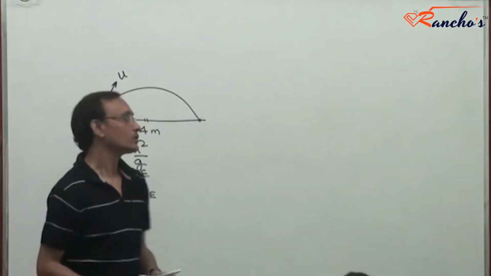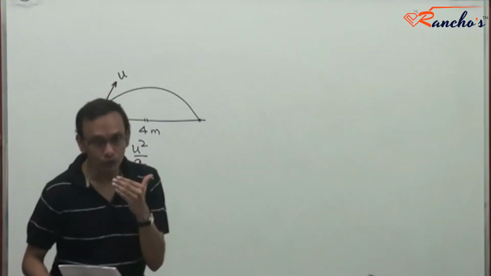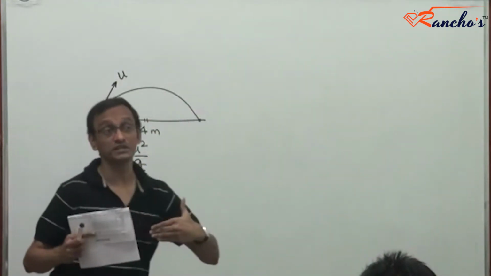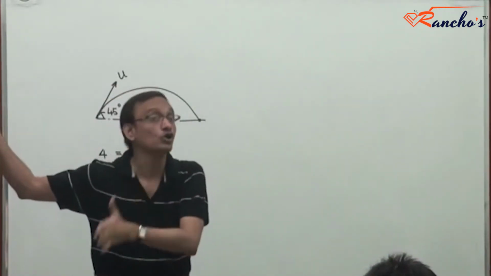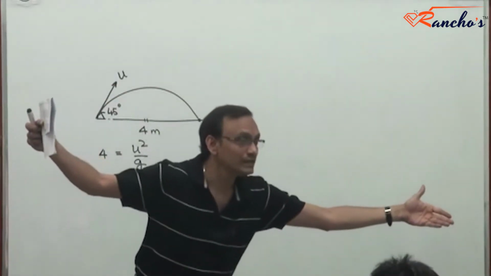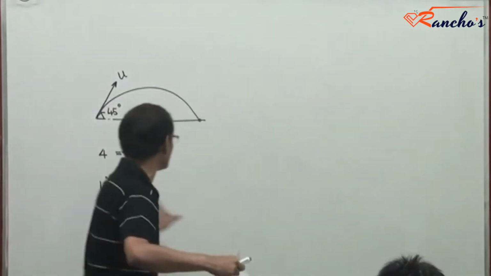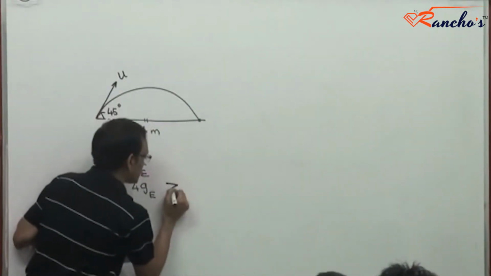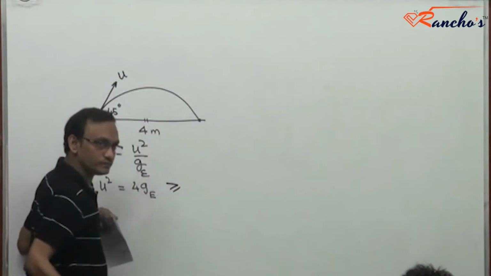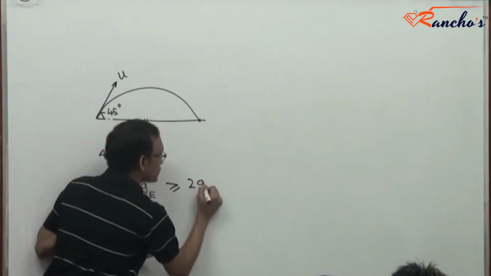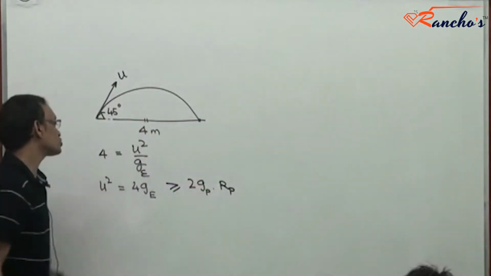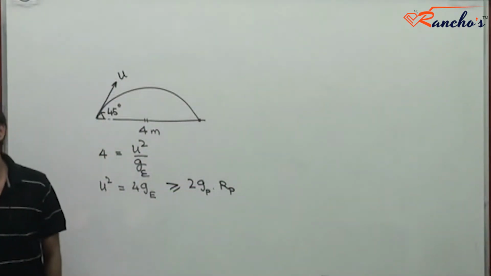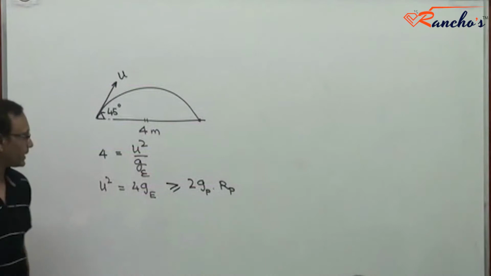That means the u that he is able to give must be greater than or equal to root 2 g R for the planet, for it to be able to escape the gravitational field of that planet, right? So this u squared has to be greater than or equal to 2 times g of the planet into R of the planet. Such is the requirement, right?